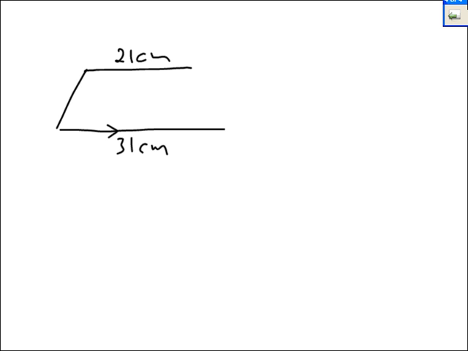And so these are the parallel sides. And you were told that these two are equal to one another. What does that tell us? That tells us when we go down at a right angle that these two are the same.